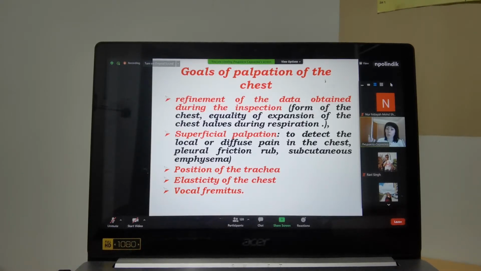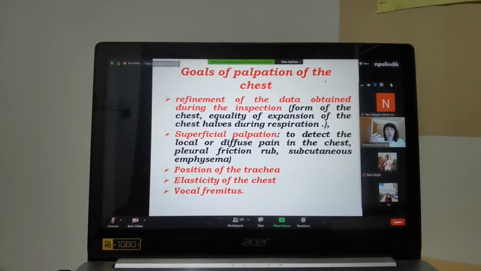What are the main goals of chest palpation, of respiratory system palpation? We can meet some difference. Epigastric angle palpation is a refinement of the data obtained during the inspection, because we usually assess the form of the chest.